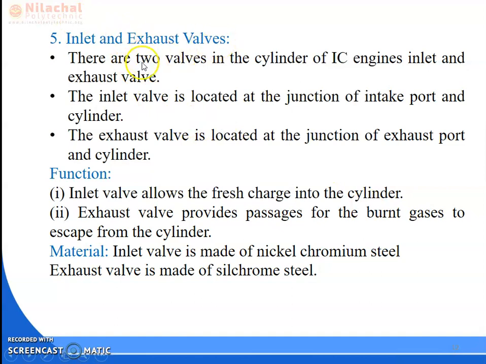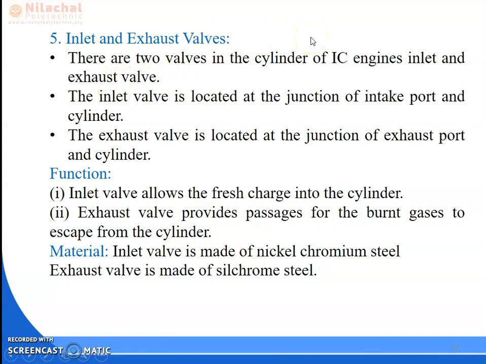Inlet and exhaust valve. So what is the function of the inlet and exhaust valve? As the name says, inlet means the charge will enter into the cylinder. The inlet valve will be inside the inlet manifold. In a 4-stroke engine we say inlet valve, but in a 2-stroke engine we say intake port. The exhaust valve is where, after doing the work or after the power stroke, the unburned fuel will be exhausted to the atmosphere.